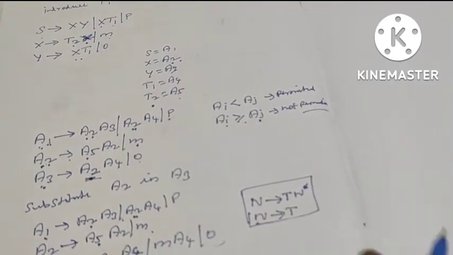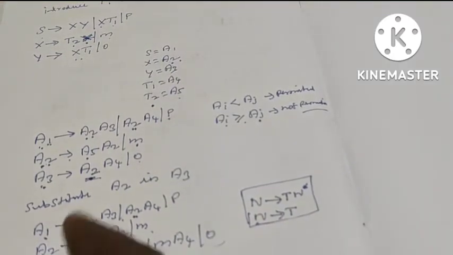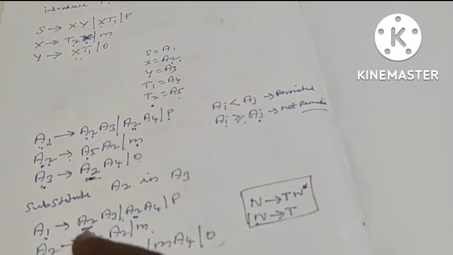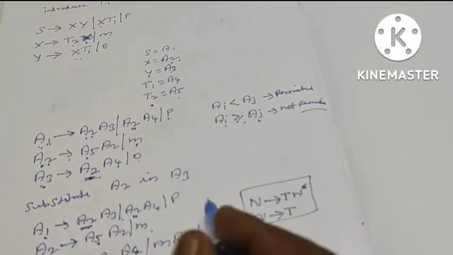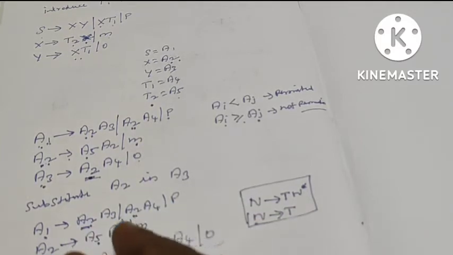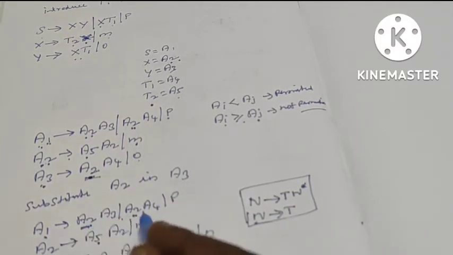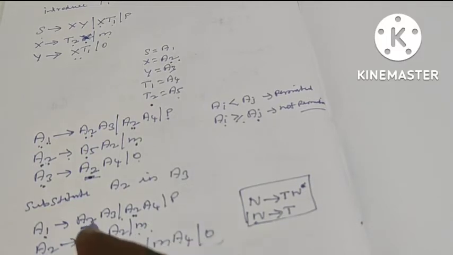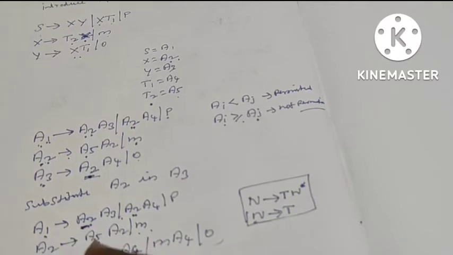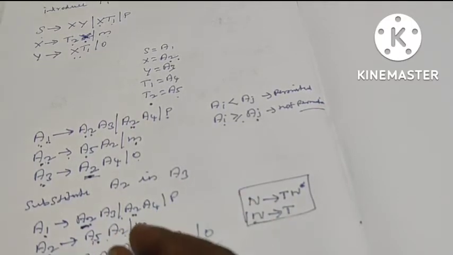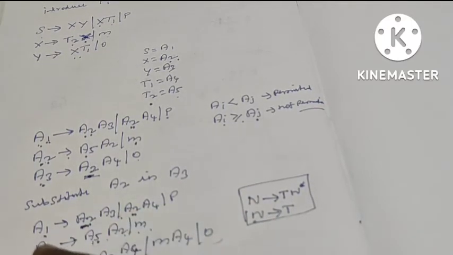So when you take this one, it is not in Greibach normal form. So we have to take this production and substitute it. We replace these values here. The A2 value has to be replaced by A5 A2. Now we replace this A2 in A1 here.